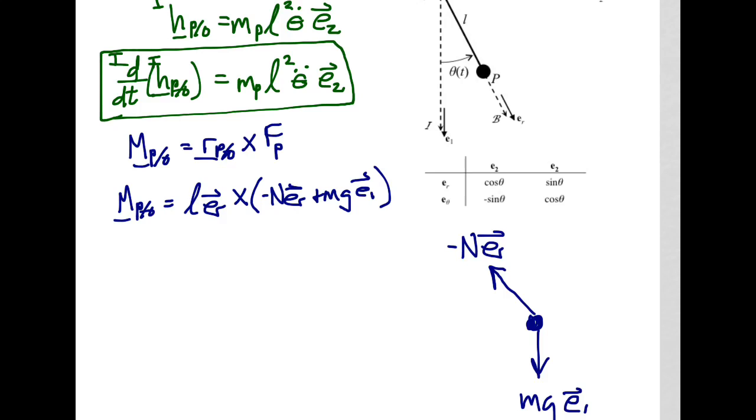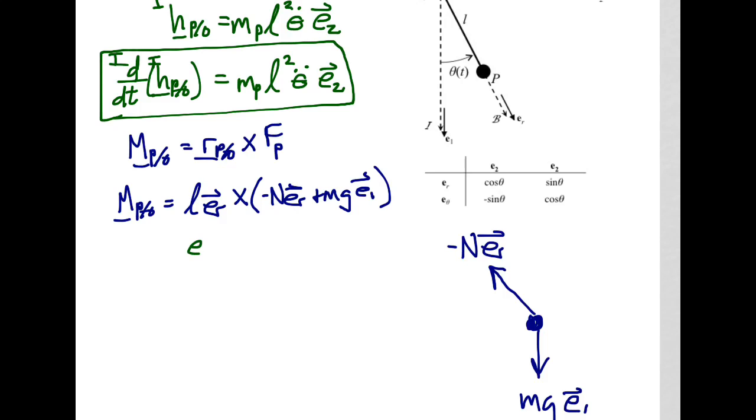Once again, we have the problem of a mixed use of bases, because ER is in the polar frame, and E1 is in the Cartesian, inertial frame. Because we have information that relates the two frames together, let's take our basis vector in the inertial frame and convert it to the polar frame.